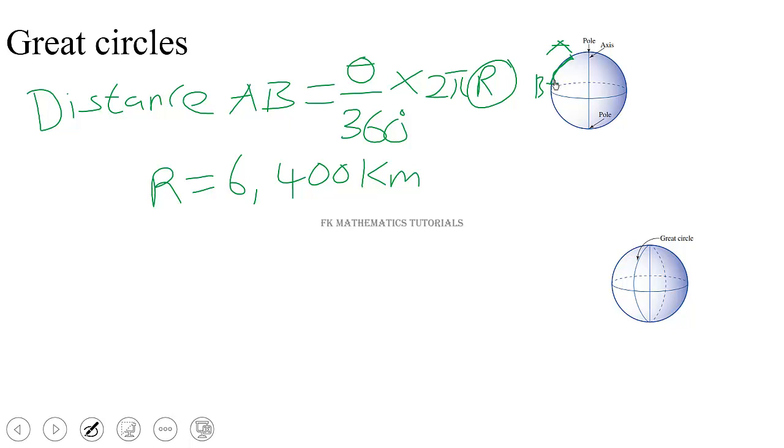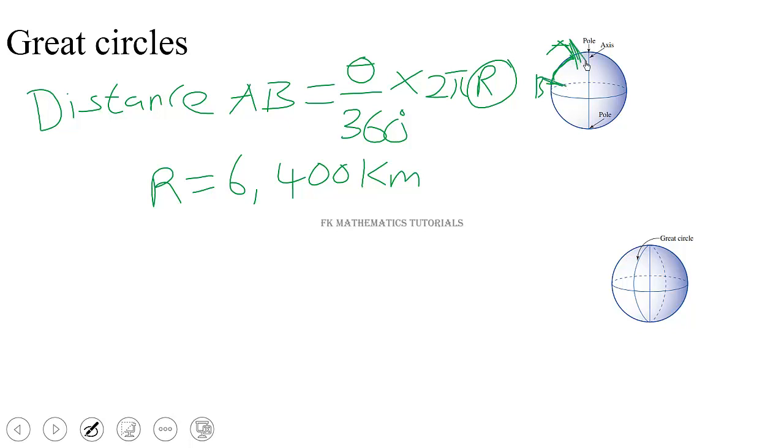Now if the 2 points A and B are on the same side of the equator, then the angle between them will be formed by subtracting the angle here from the one here.